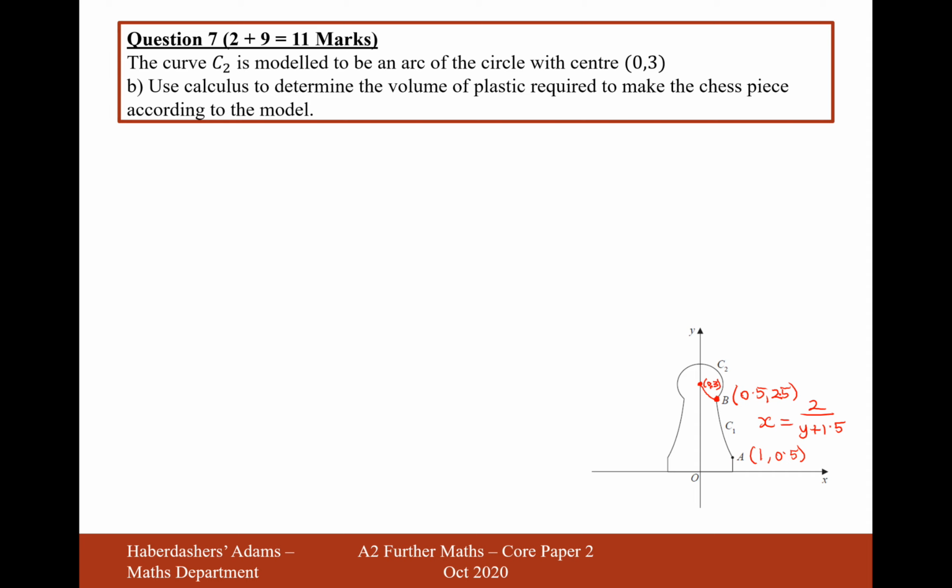If I quickly do that on the calculator, it's a Pythagoras calculation: the square root of 0.5 squared plus, between 3 and 2.5 is 0.5, squared. So that is root 2 over 2. So the equation of the circle is x squared plus (y minus 3) squared equals (1 over root 2) squared, so that is going to equal a half on the right hand side.